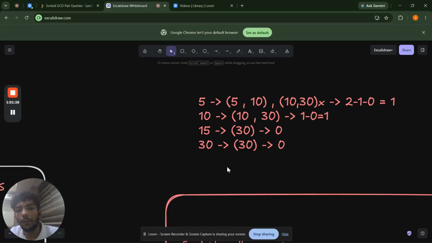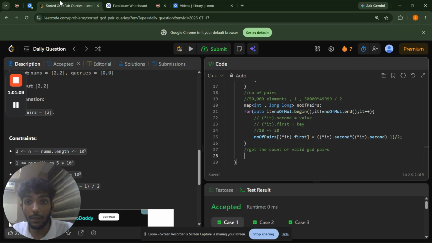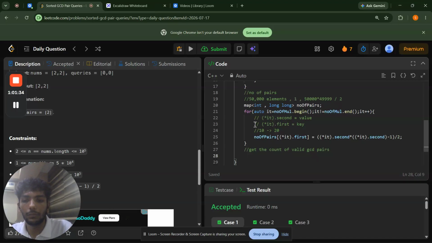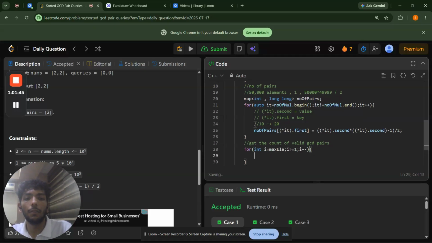So why not start from 30 itself, that is, here the max element itself. That is, we start from max element till 1, because 1 can also be a possible GCD for someone.